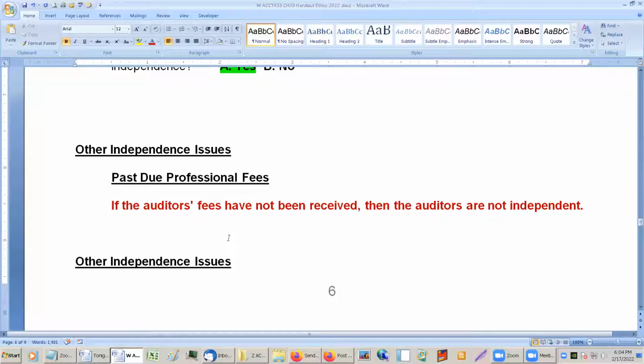It's almost like you gave a loan to the client. It's your investment, in other words, and you have a vested interest in how well the client does, because if they don't do well, they won't be able to pay the fees that you have loaned them, basically. So if there are past due fees, you are no longer independent. You can't do the audit. They can get somebody else to do the audit, but you are no longer independent.